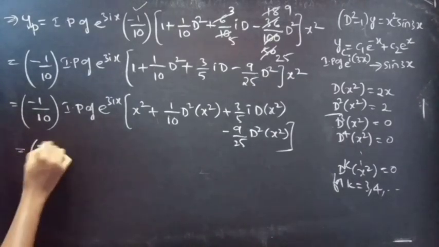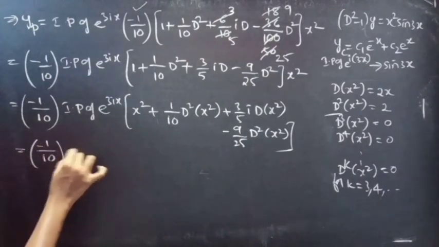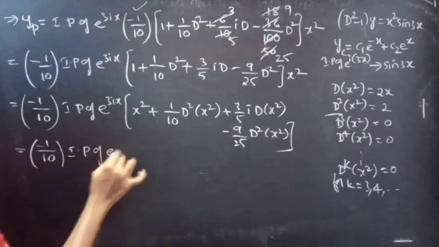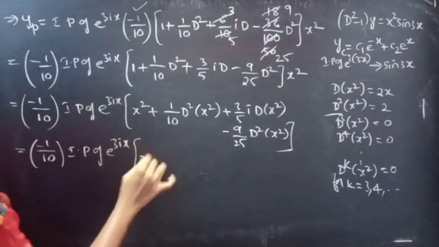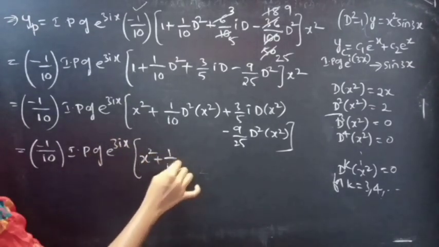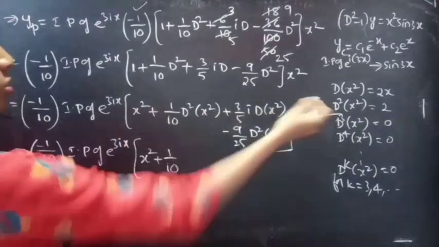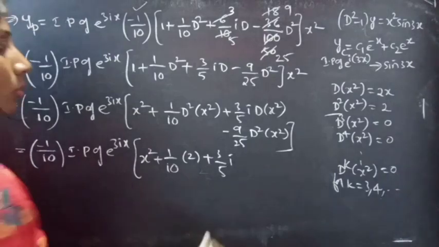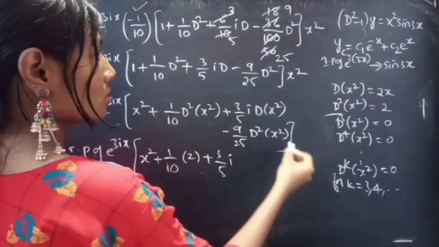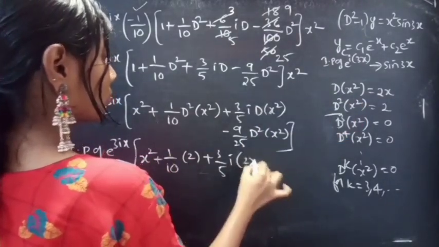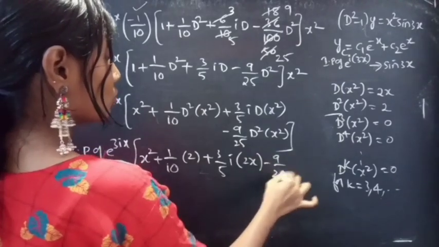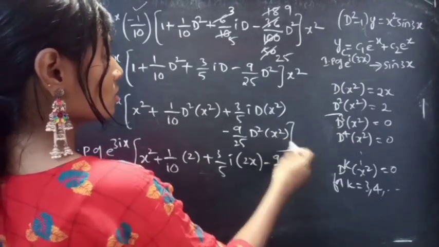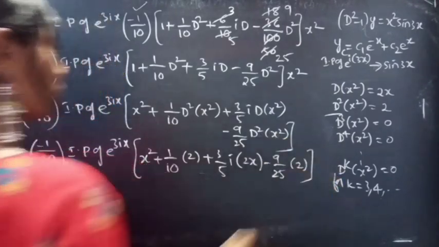This is equals to minus 1 by 10 into imaginary part of e power 3ix into x square, plus 10 into d square of x square is 2, plus 3 by 5 into i into derivative of x square is 2x, minus 9 by 25 into d square of x square is 2, right?